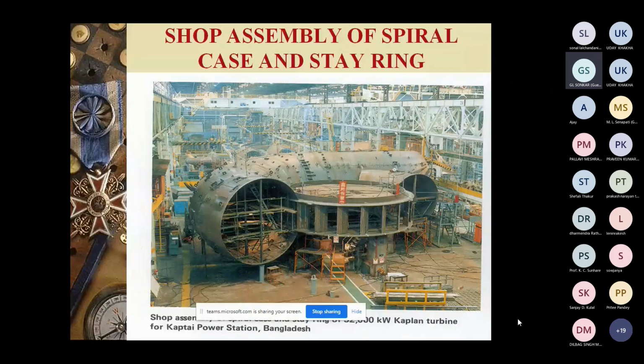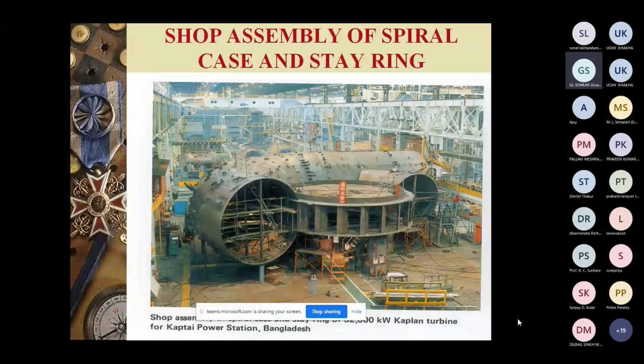So I want whatever water is traveling in the spiral casing to have a direction towards the turbine blades rather than the outer periphery or inner periphery of your spiral casing.